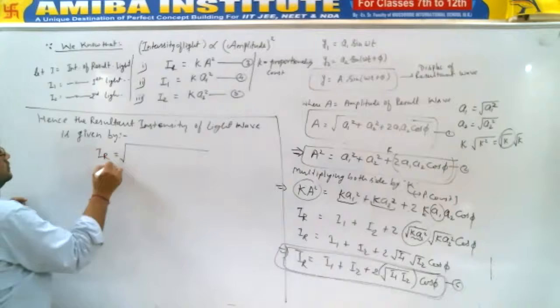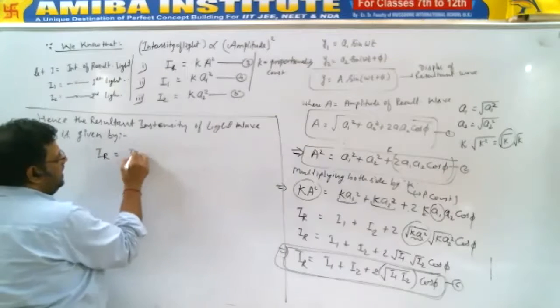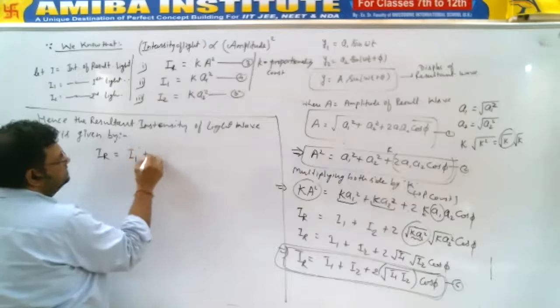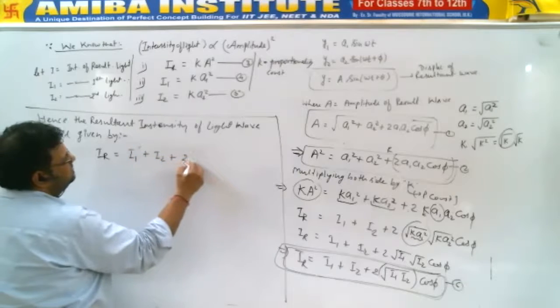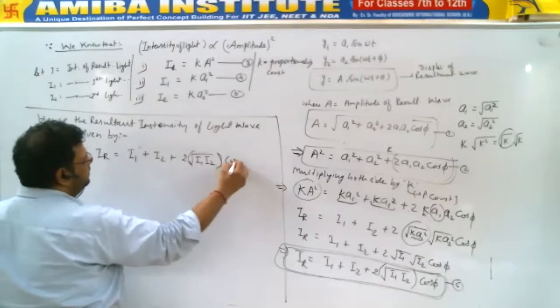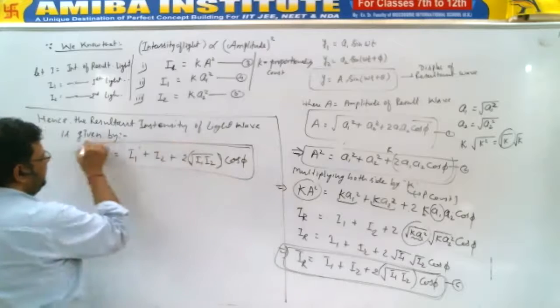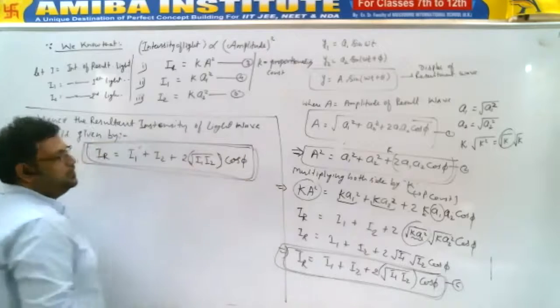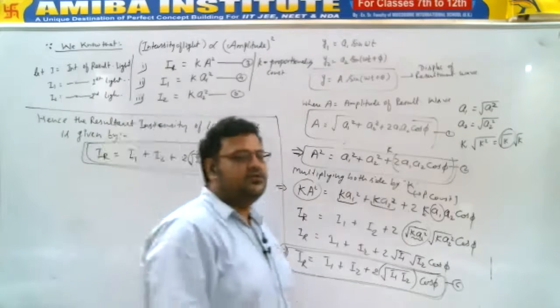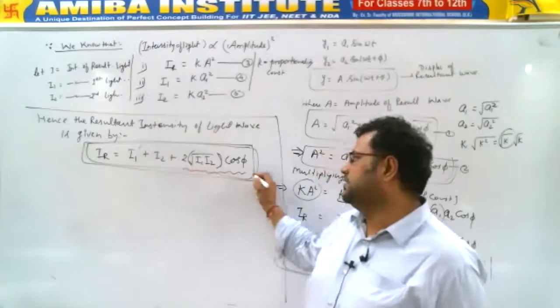I_R will be equal to I1 plus I2 plus 2 root I1 I2 cos phi, right? Clearly, the maximum or minimum value of the intensity depends on the value of cos phi, or you can say this whole term.